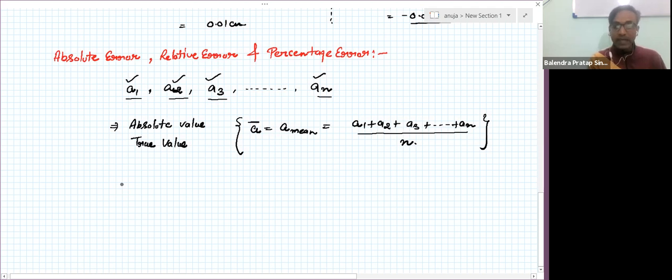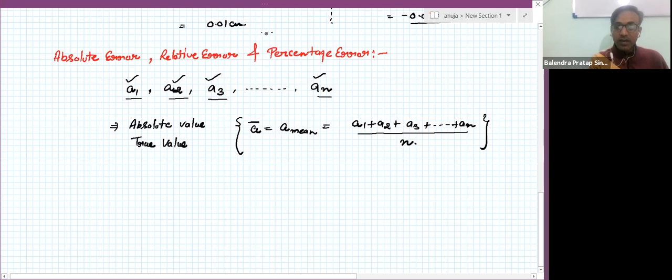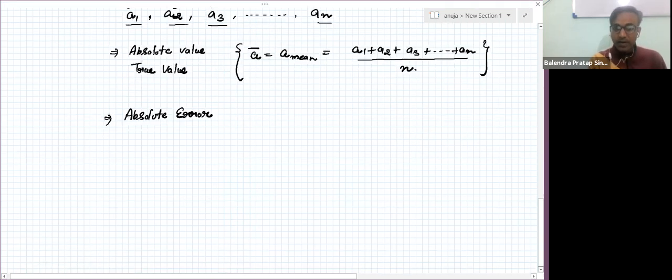Now let's talk about error. First we define this is absolute value. Write it down. This is the absolute value. And next, I'm going to talk about absolute error. Everything will be very clear when we do some numericals on this concept. But first write down all the formulas. So absolute error.